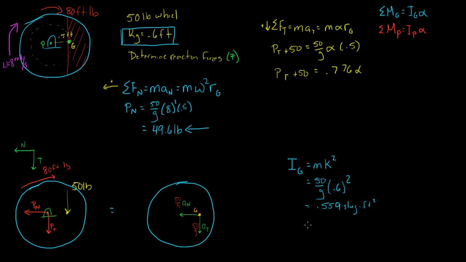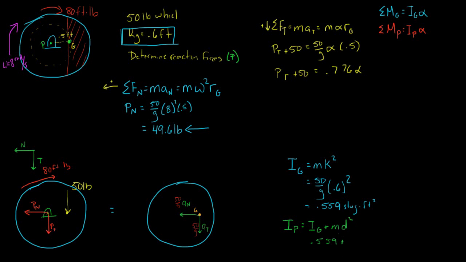So we can use the parallel axis theorem to get the moment of inertia of point P. So the parallel axis theorem is going to say that the moment of inertia about point P is equal to the moment of inertia about its center of mass plus the mass times the distance from the center of mass to point P squared. So I have my moment of inertia of the center of mass right here. This is 0.559.